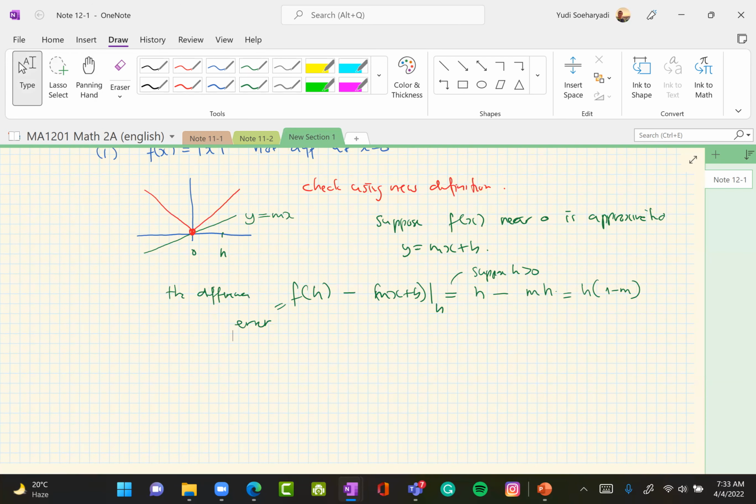Unless m is equal to 1, for sure this is not going to 0 as h goes to 0. Okay, but what happens if m equals 1?